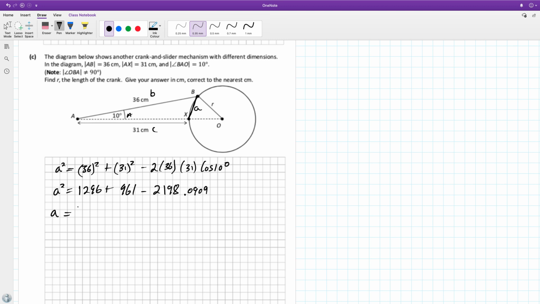So A is equal to the square root of all that, which is 1296 plus 961 minus 2198.0909, which is the square root of 58.9091.